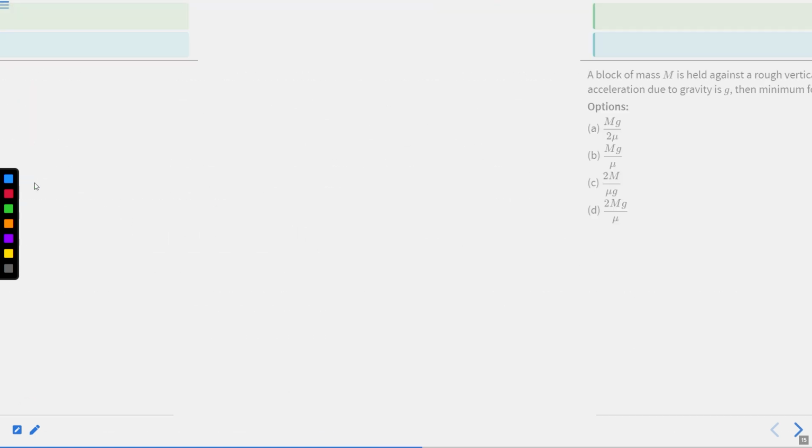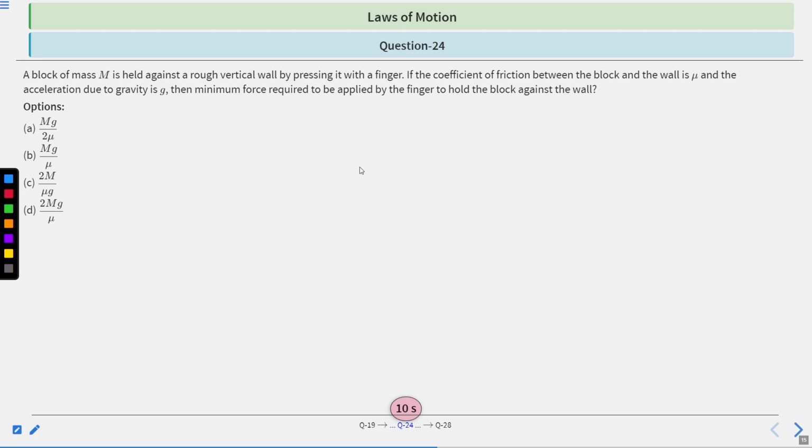Next question, question 24. A block of mass m is held against a rough vertical wall by pressing it with a finger. If the coefficient of friction between the block and the wall is mu and the acceleration due to gravity is g, then what is the minimum force required to be applied by the finger to hold the block against the wall?